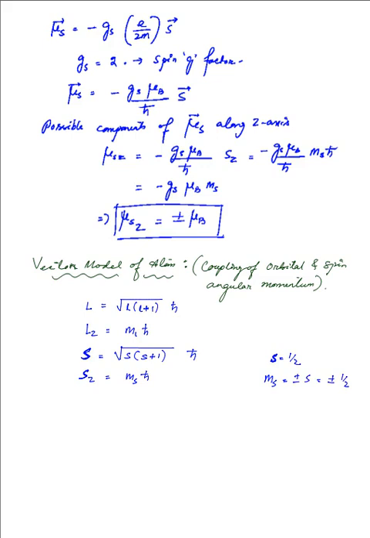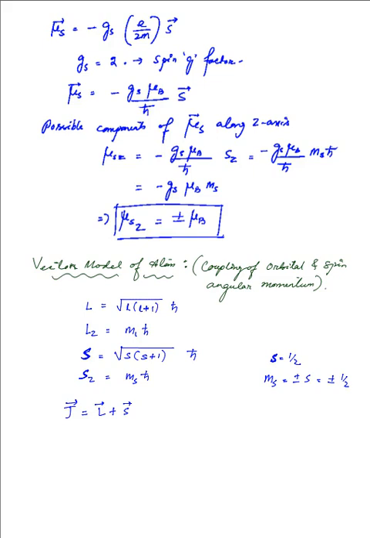So we have the total angular momentum J vector equal to the vector sum of L and S, the orbital angular momentum and the spin angular momentum.